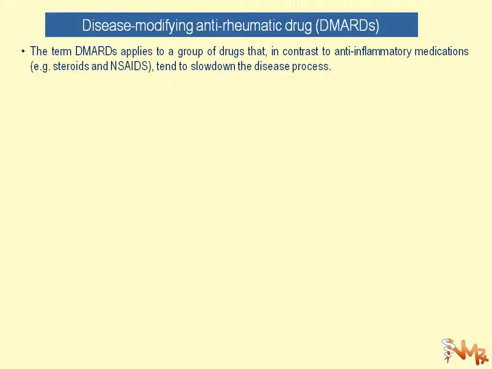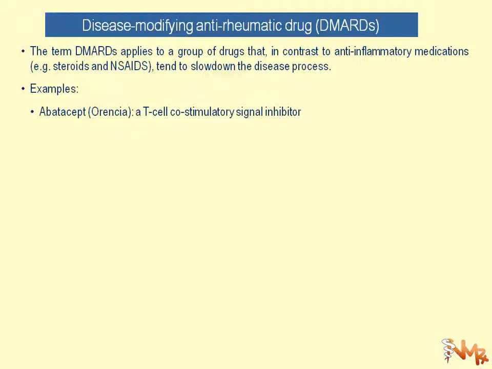Let us focus on disease-modifying anti-rheumatic drugs or DMARDs. The term DMARD applies to a group of drugs that, in contrast to anti-inflammatory medications such as glucocorticosteroids, tend to slow down the disease process. Examples are abatacept. The brand name of it is Orencia.